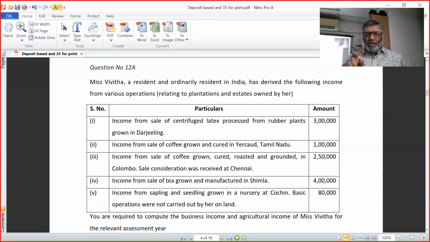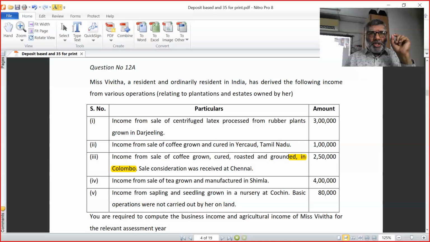40-60. Okay, I should not have said it that quickly. Okay, in Colombo. Agricultural income in India is only exempt. Agricultural income from outside India is taxable fully. So in this case, Colombo, it is taxable. That's why the question itself starts with she is a ROR.